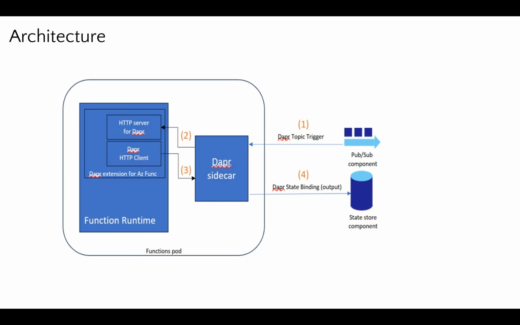So once the app is invoked via the HTTP trigger and the message is received, from there the HTTP client will invoke the Dapr sidecar and store the message into the state store. So both the HTTP server and the client will be running in the functions runtime, which are attached to the Dapr sidecar.